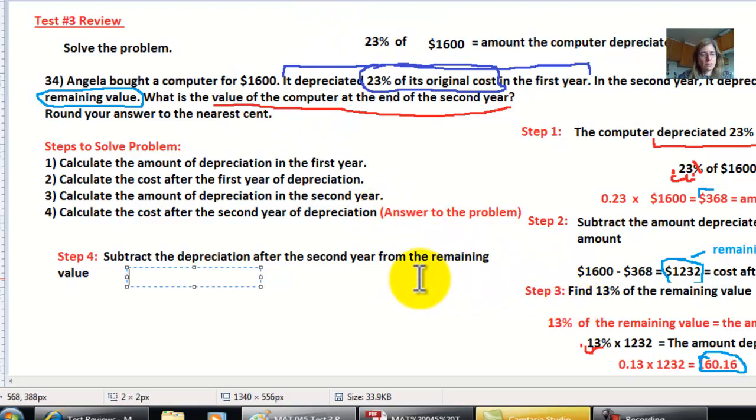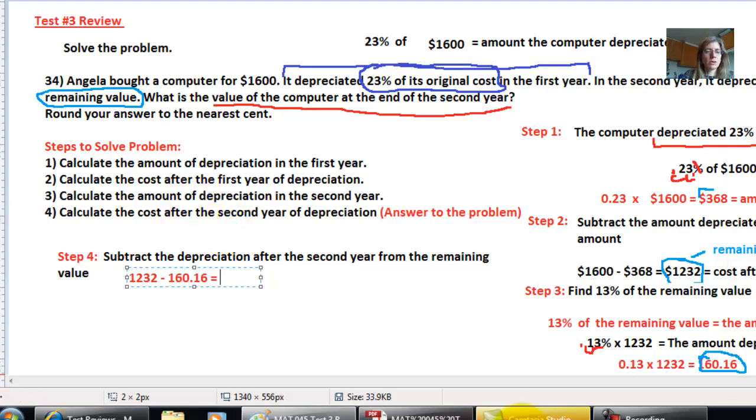The remaining value we calculated in step number 2, 1232, minus our depreciation of the second year will equal the cost after the second year.